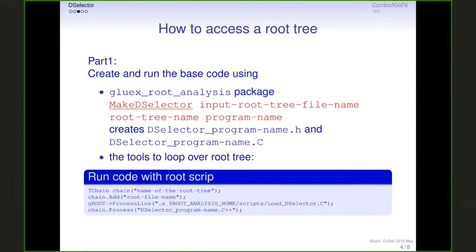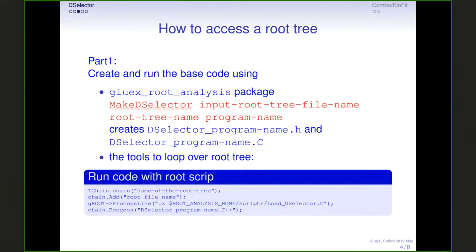That script will create two files for you. I should say how you start it. You give the script an input file that contains the root tree you want to analyze, a second string that specifies the actual root tree name in this file, and a third parameter that is a program name of your choice, myanalysis, for example.